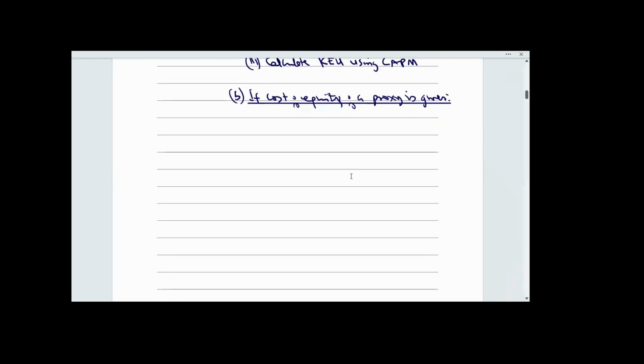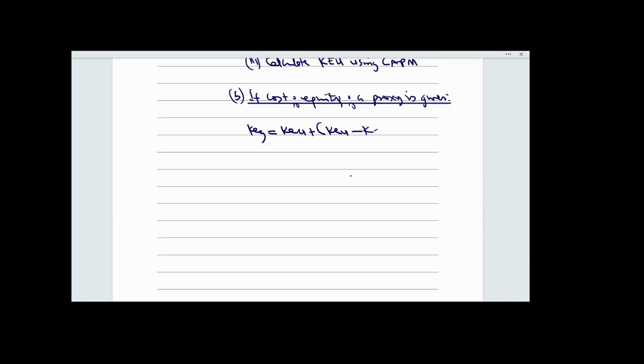So in this case, whenever you want to calculate cost of equity using Miller and Modigliani formula, you then say cost of equity of a geared is equal to cost of equity on gear plus, open a bracket, cost of equity on gear minus cost of debt.